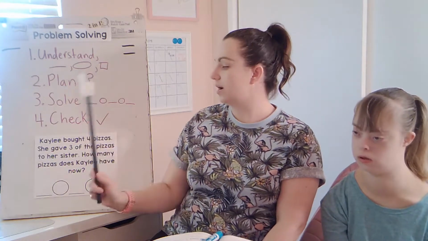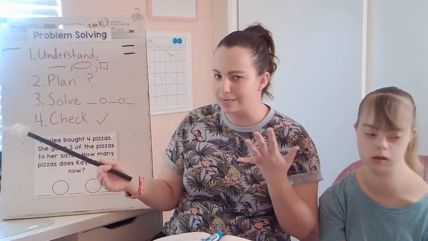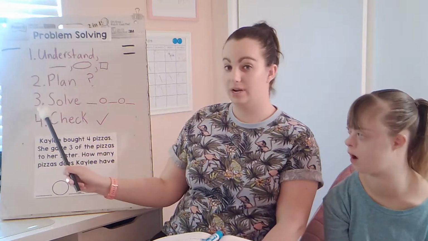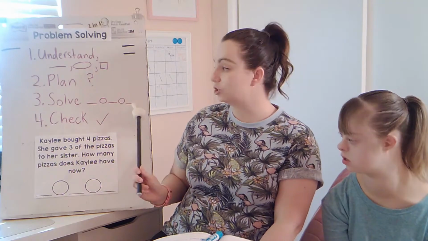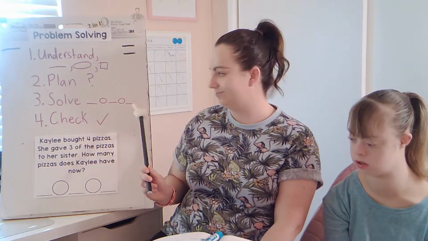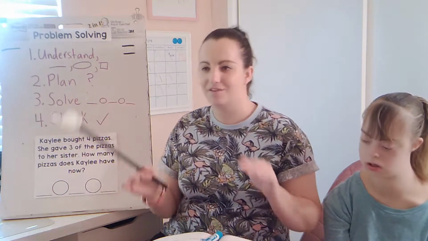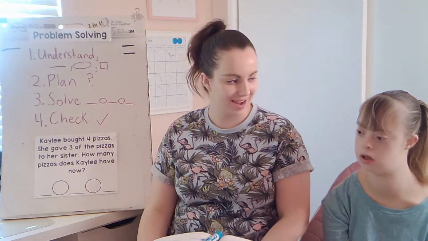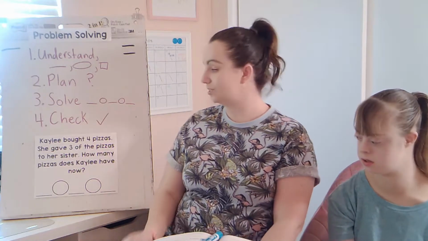Then we're going to plan. Think about, how will I solve the problem? What do I need here? Then three, we'll solve it, today by using a subtraction number sentence we're going to write. And number four, finally, we'll check our answer and see if our answer makes sense. Okay? I'm going to walk you through those steps with our first problem.